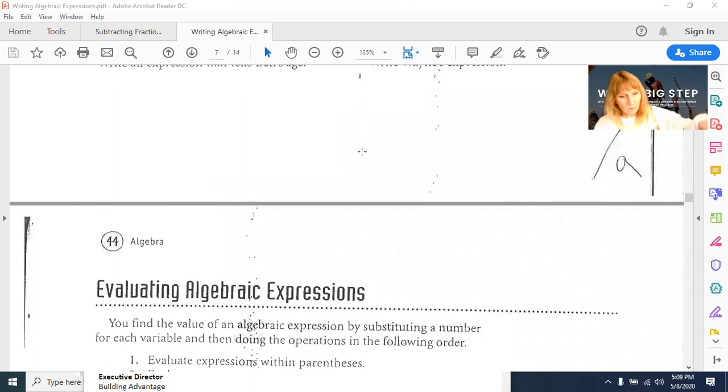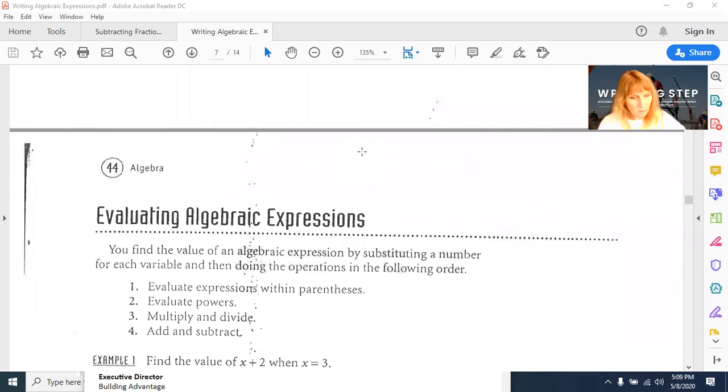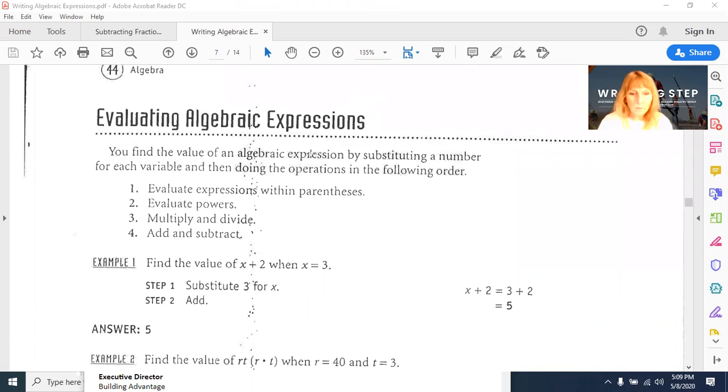Okay, a little bit of evaluating algebraic expressions. Hopefully you remember PEMDAS. I don't know if you've heard that when you were in school. This is a simplified version of PEMDAS. PEMDAS stands for the order that you're supposed to do operations in an expression.